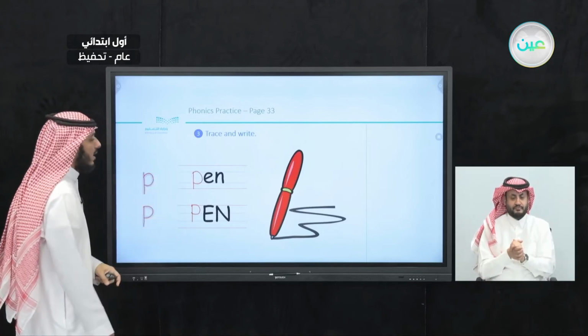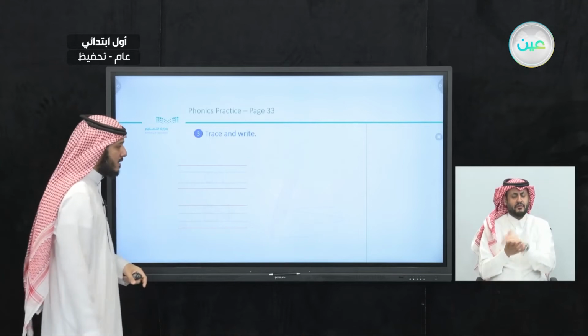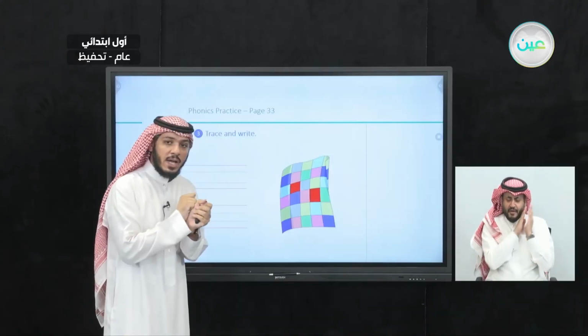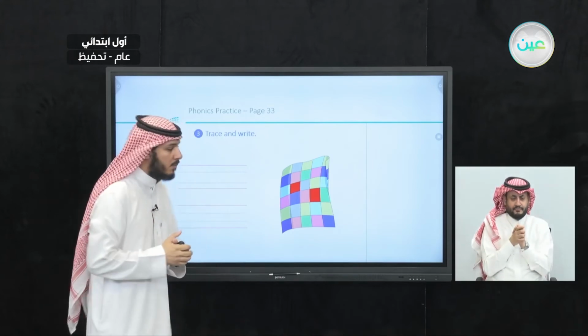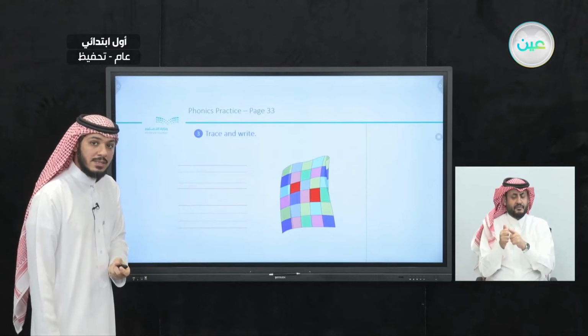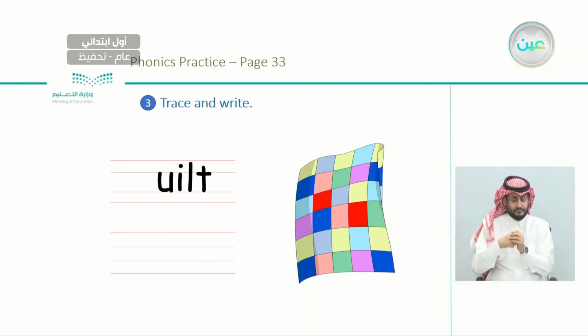Okay, after that, what after P? Yes, we have this, when you use it to cover your body, to heat your body from cold. Starts with the letter Q. Excellent. Letter Q. So we have Q here, and this Q is in small.